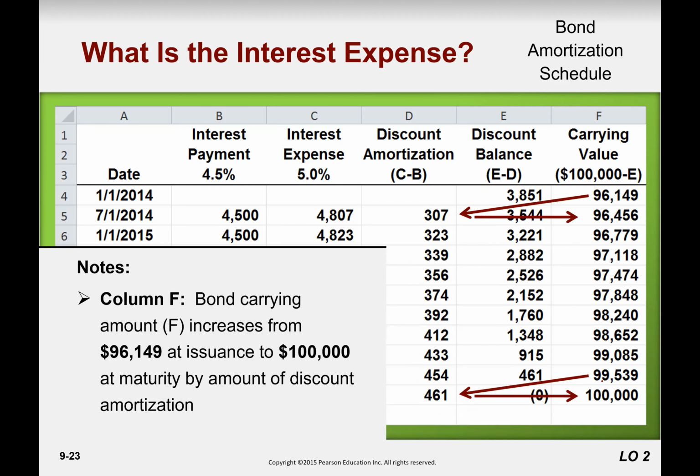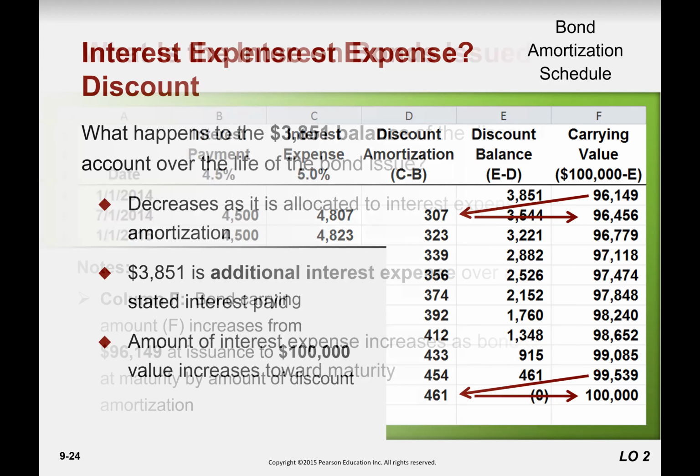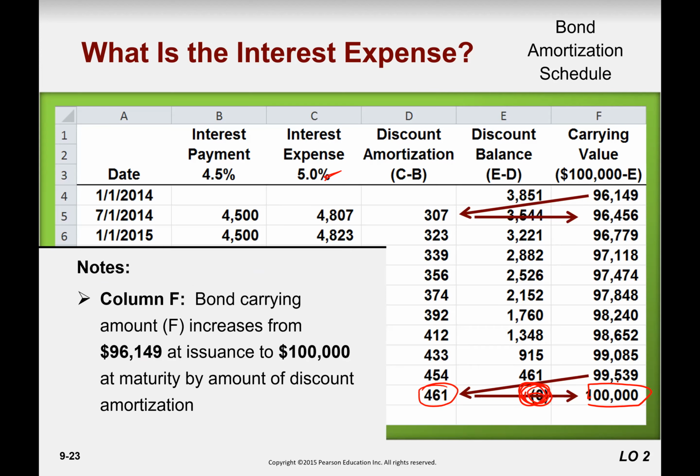If you multiply this 99,539 with the 5%, answer is different, because only left amount is 461. So there must be 0 here for the last payment and value must be here. So the end value must be equal to 100,000.